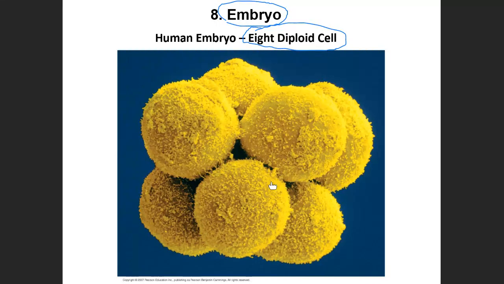See 7 of them, one's hiding in the back. Can anyone tell me, in relation to the previous slide, what I talked about? What are two common characteristics all 8 embryonic cells have in common for this embryo? First of all, they all came from where? What's the one cell they came from?